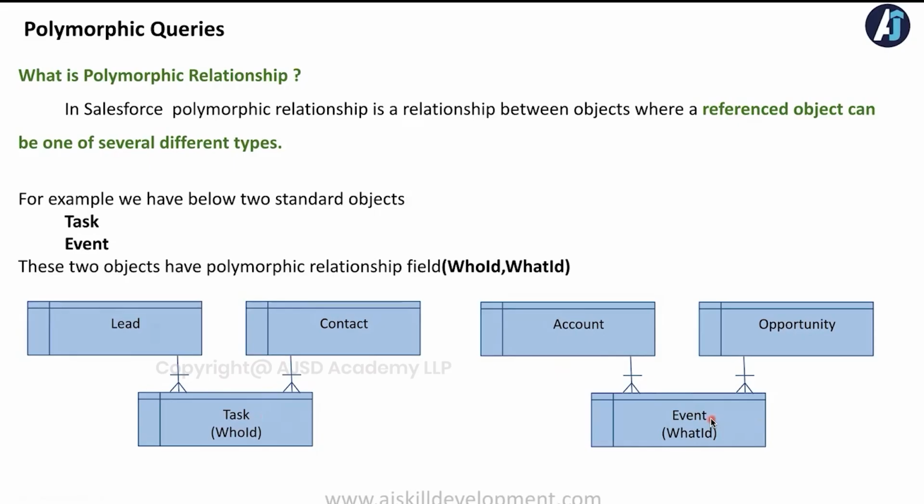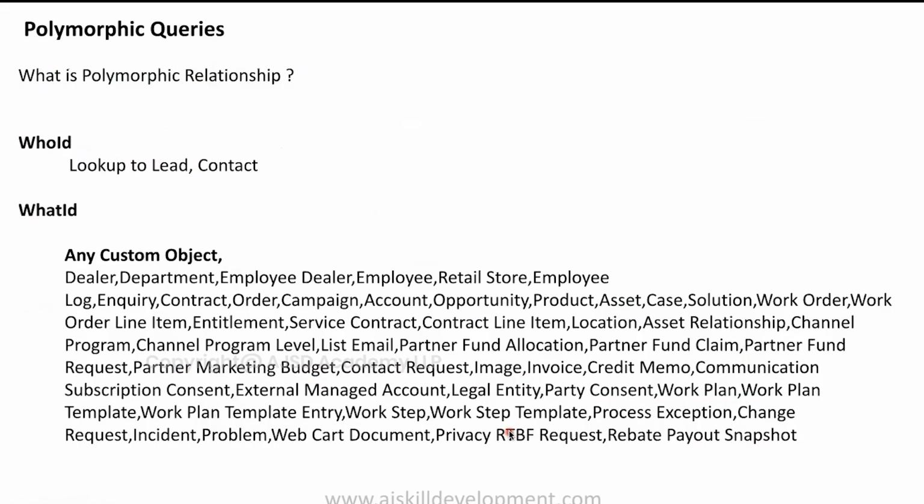So if your parent is an account or an opportunity, you can still use it as a parent for event, but in the event object you have to use the polymorphic relationship field called WhatId. WhoId, as I explained earlier, is a lookup to lead and contact. The polymorphic relationship WhatId can be any custom object, and you see there are n number of objects there.